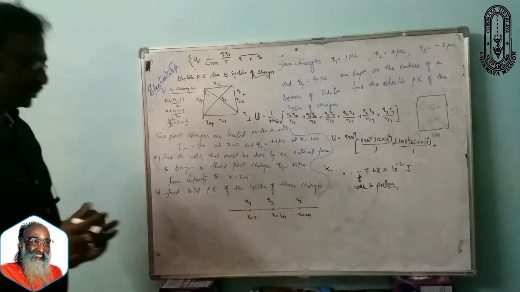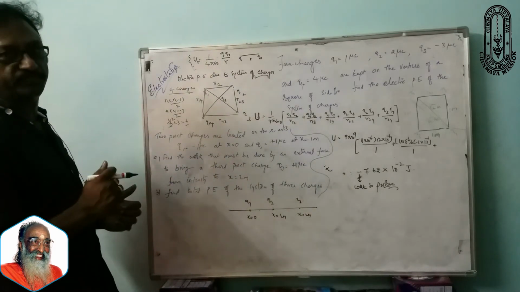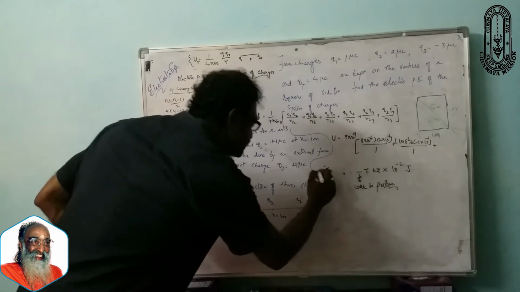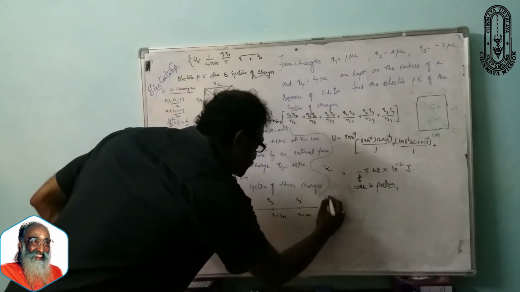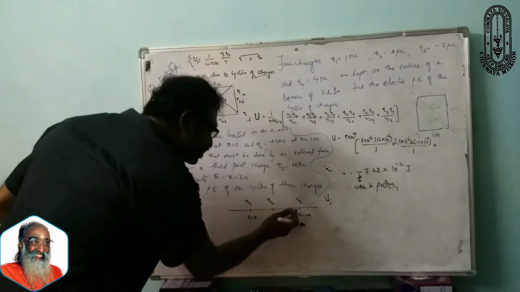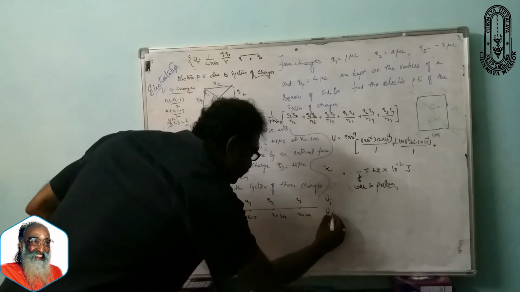And when the charge is brought to here, what is the potential energy of the system? Let the potential energy when the charge is at infinity be Ui, and when the charge is brought to this point, where x is equal to 2 meter, let it be Uf.